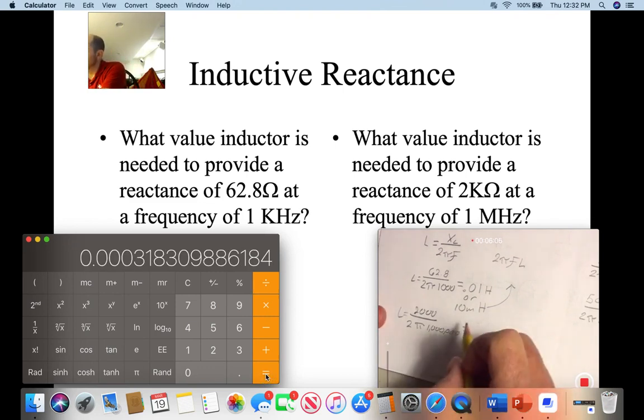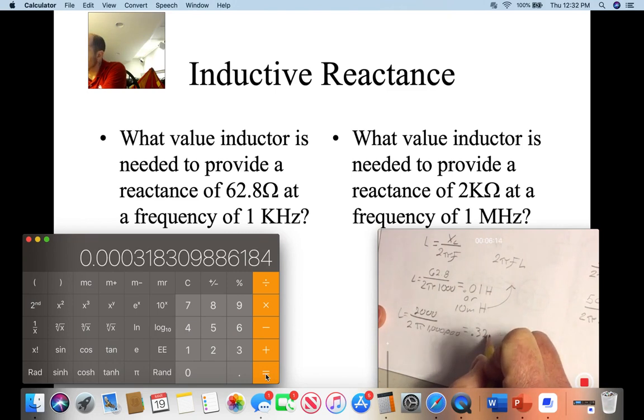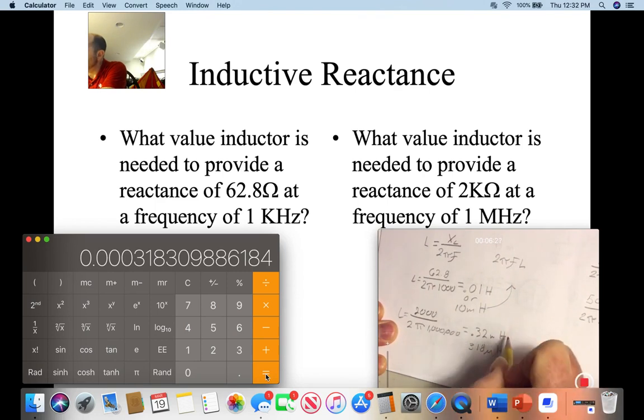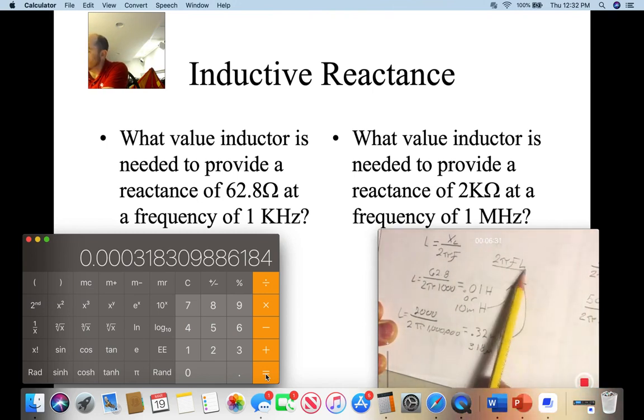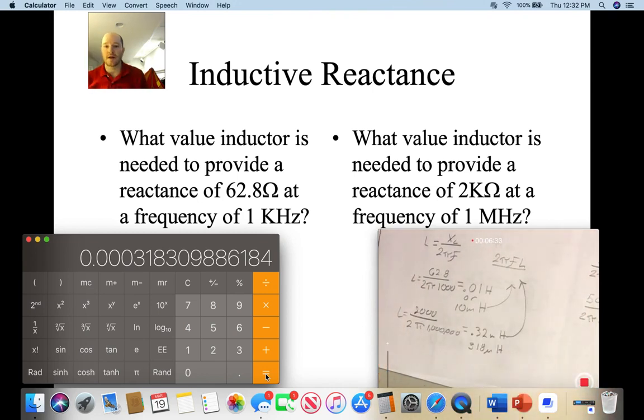Now, that gives me 0.32 millihenries, or if I wanted to be more specific, 318 microhenries. Now again, if I wanted to verify that, I could run that through this formula right here.